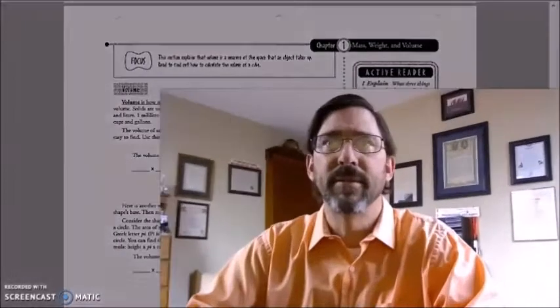Maybe if I demonstrate, it'll be easier. So regretfully, I don't have a centimeter ruler today, but I do have a brick. So what they're talking about here is you would need to measure three ways. For example, if you would measure this direction, you might consider that the length, and then you might measure this direction to get the width.